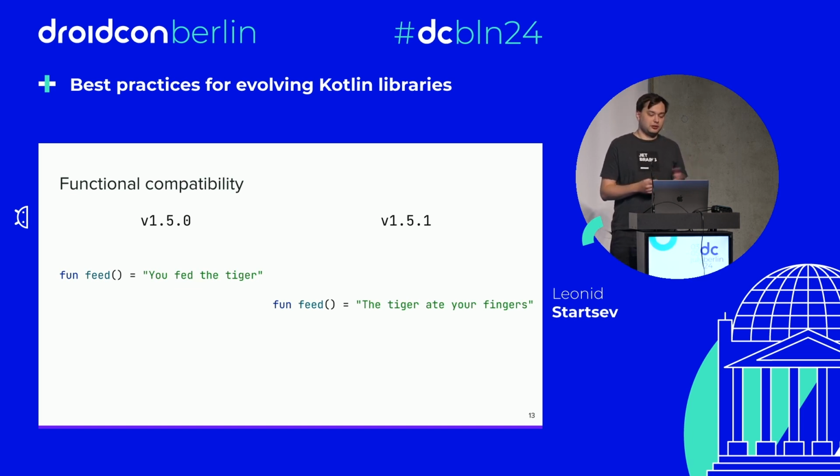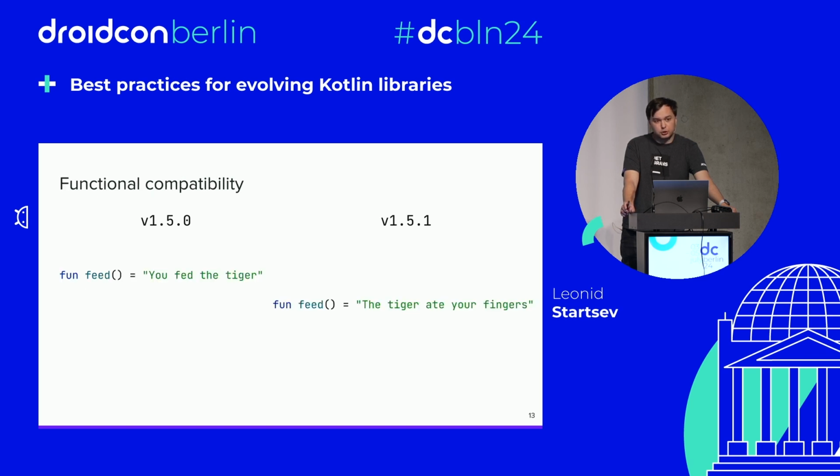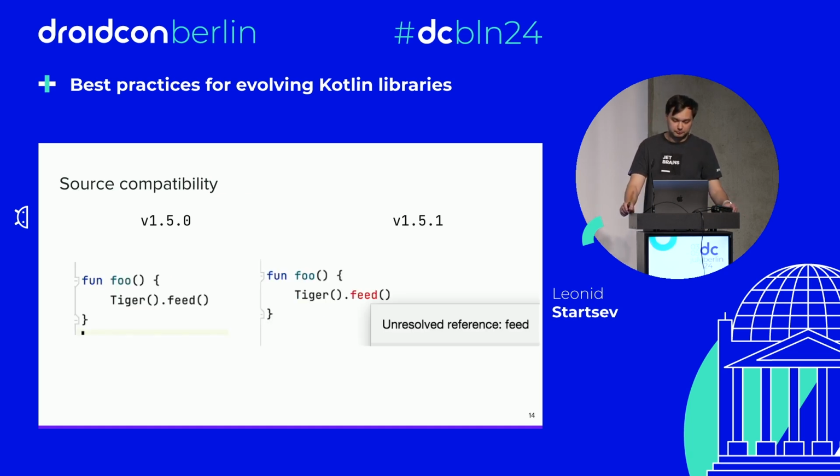So if in 1.5 a library method did something, A, like you fed the tiger, and in 1.5.1 it does a completely different thing, like the tiger ate your fingers, this is probably not the most handy change to work with. And I think you should avoid these changes as much as possible to not surprise your users, unless it is some critical bug fix or security problem.